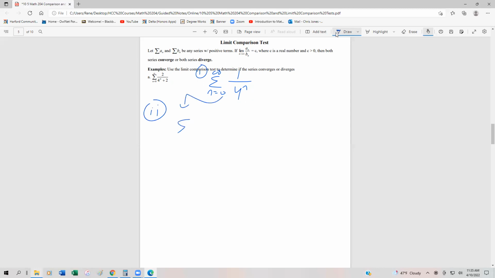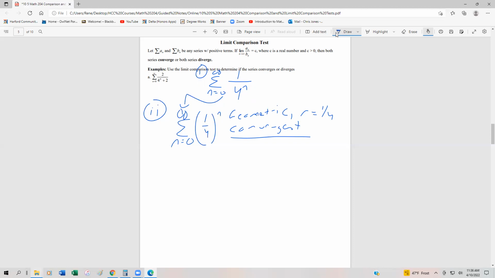Another way to write this series is n equals 0 to infinity of 1/4 to the nth power. We know that this is a geometric series. We have r equals 1/4, and so it is convergent. So that's the behavior of the compared series: it is convergent.